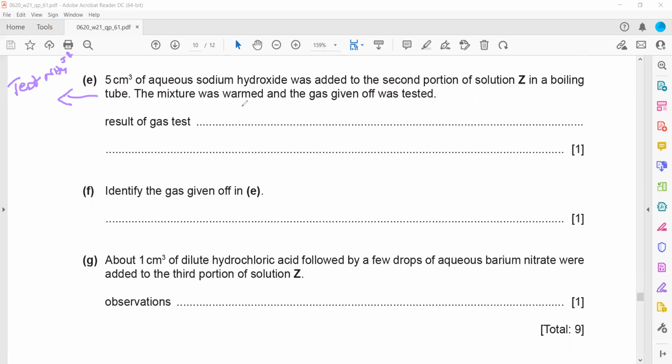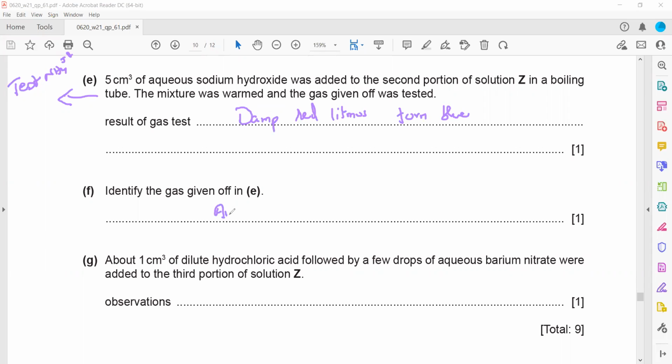Then we warm and the gas given off is tested. We use a damp red litmus paper and it will turn blue, because ammonia gas is given off.